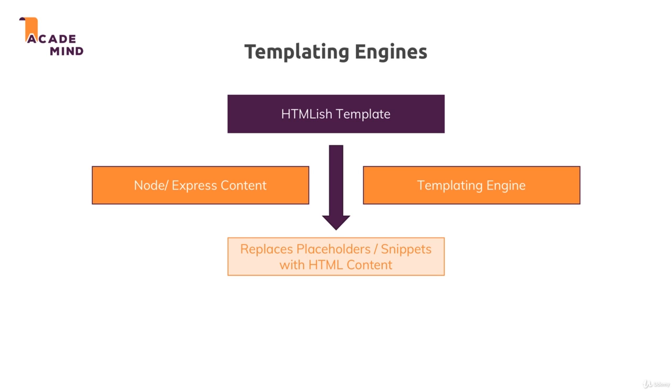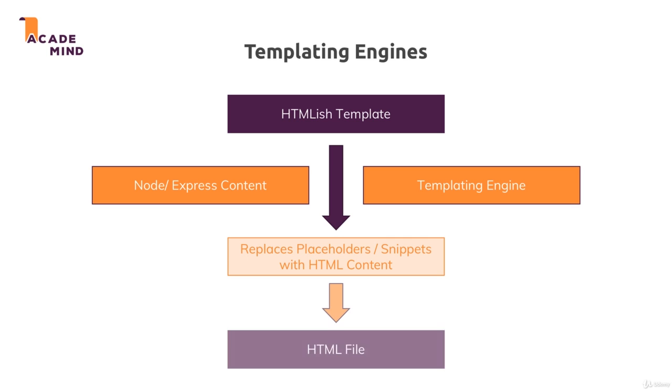So for example, you could output an unordered list with list items for the data you have in your Node-Express app with the help of the templating engine. And in the end, the result will be a dynamically, on-the-fly generated HTML file, which is then sent back to your users. So the users never see the template, they never see the placeholders. All that happens on the server, they just get a normal HTML page, but it's not hard-coded by you, as it currently is in our project, but instead it's generated on the fly.